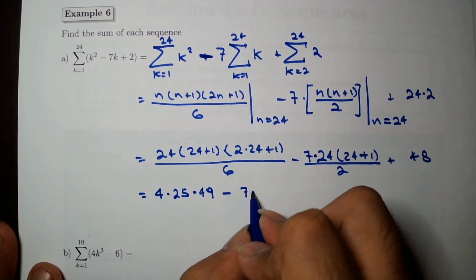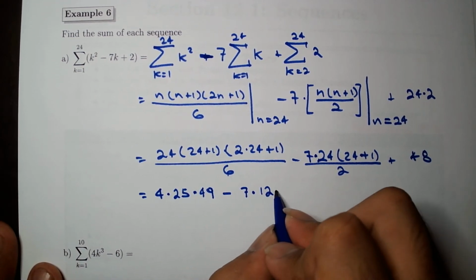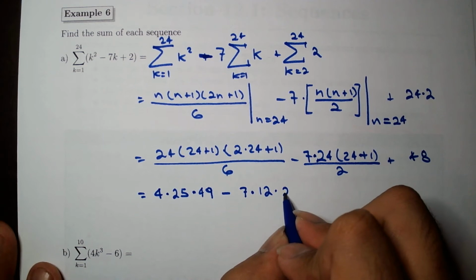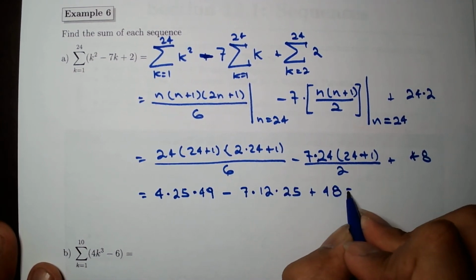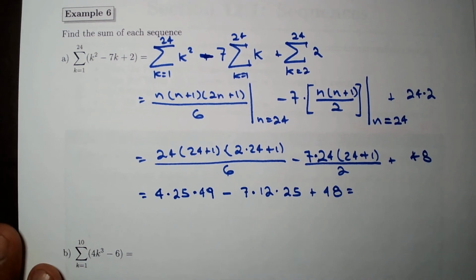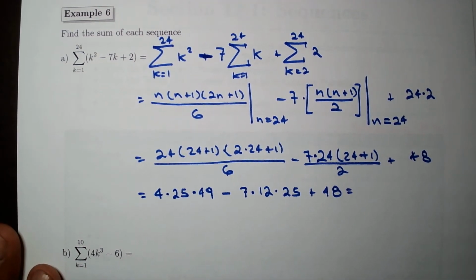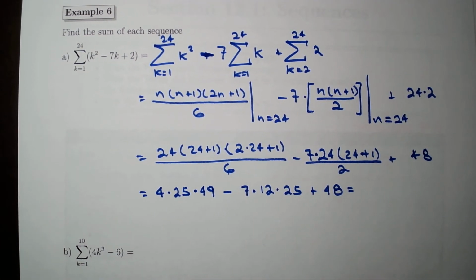So 7 times 12 times 25, and then plus 48. You can put all this in the calculator, or continue step by step, or simply put it in the graphing calculator.